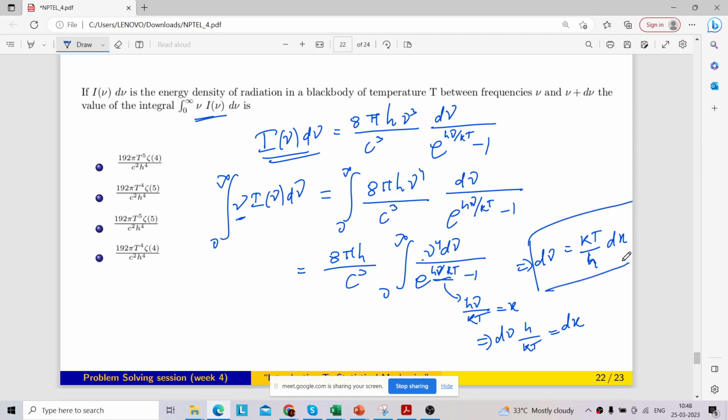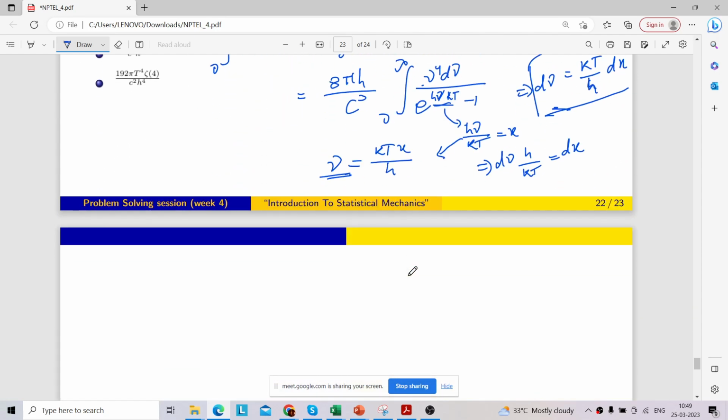And we can find nu also from this: nu will be kT times x over h. So we have nu and d nu, and then we have to substitute in the integration.